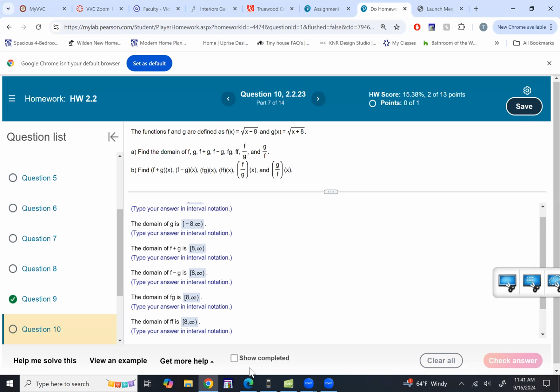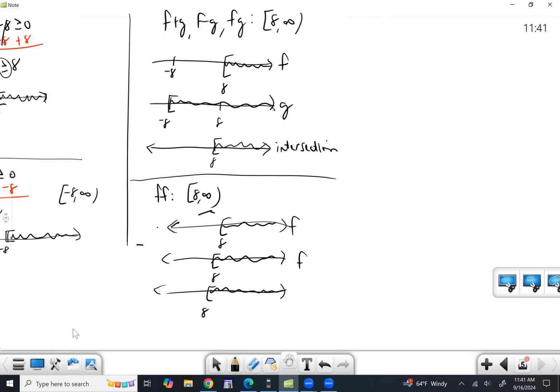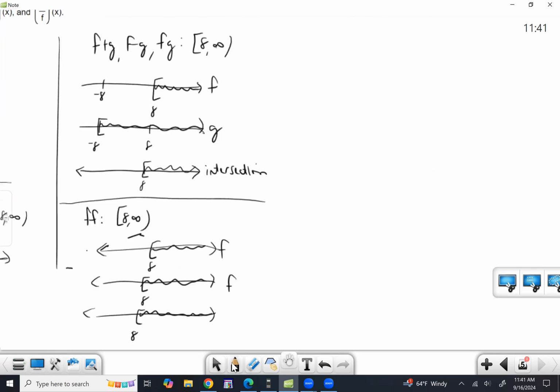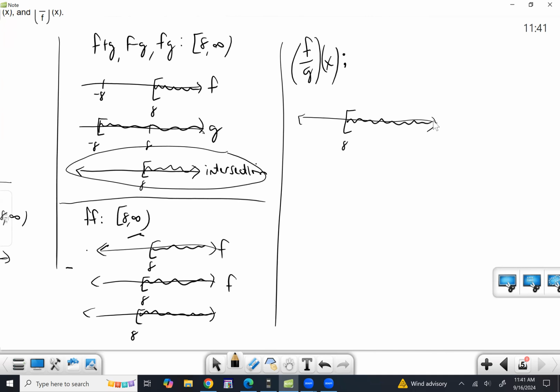All right. So now we're getting into the divide. For f divided by g, well, that one has g in the denominator. So we know it's going to be the intersection that we got right here. So it's going to be square bracket 8 to infinity, okay? But we have to figure out what's going to make the denominator equal 0.